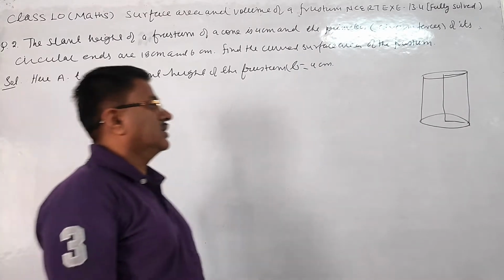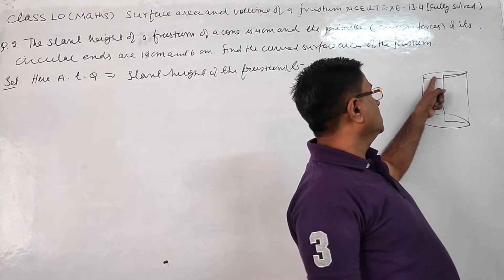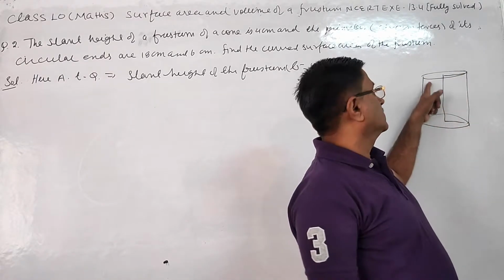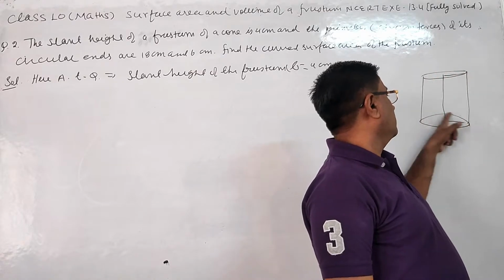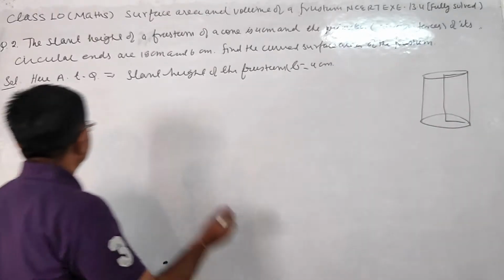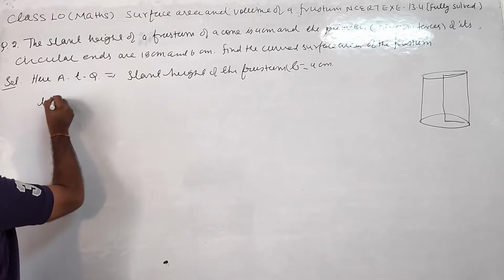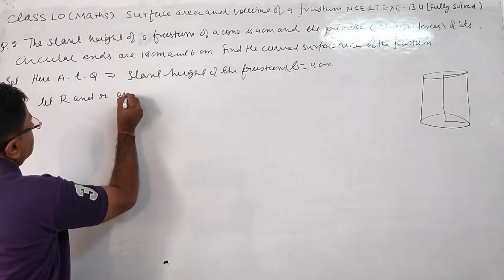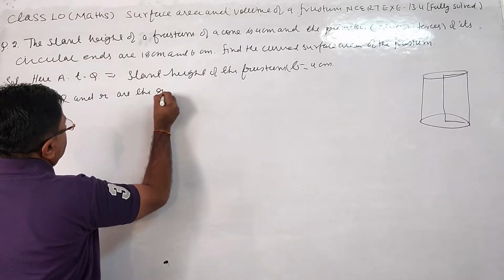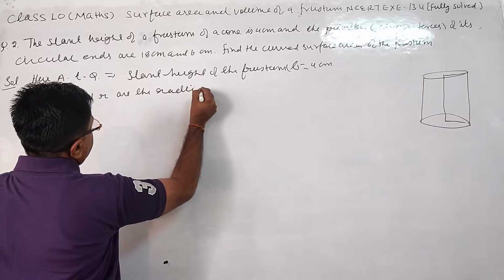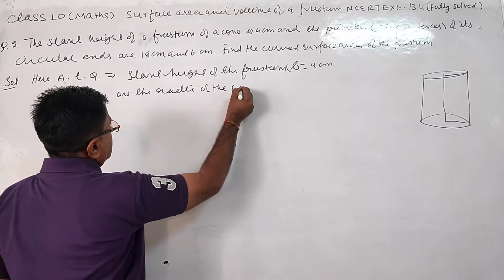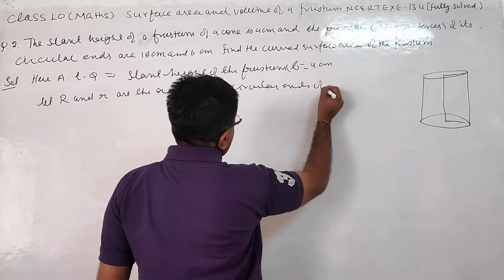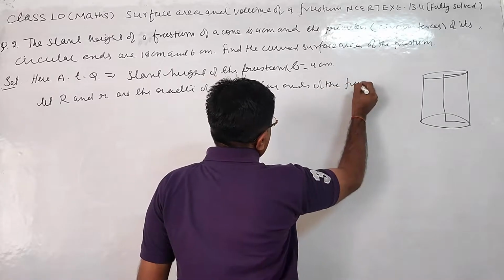You know that these two ends are in the form of a circle, that's why it is the circumference of the circular end. So suppose here let capital R and small r are the radii of the circular ends of the frustum.